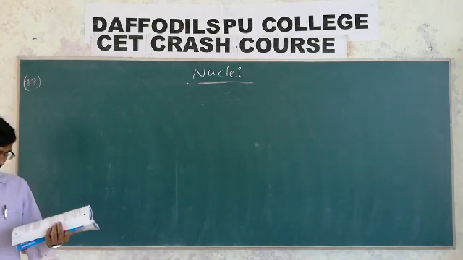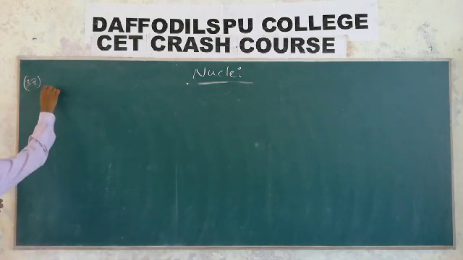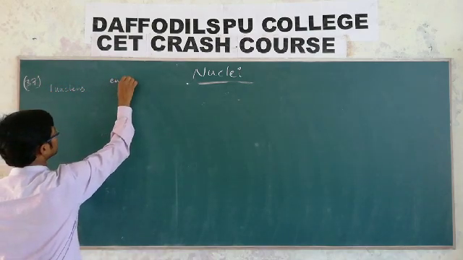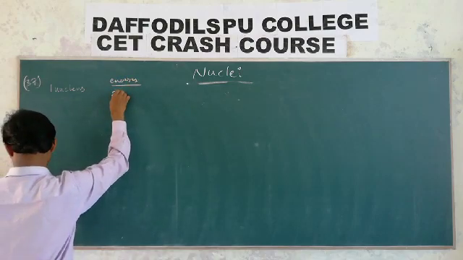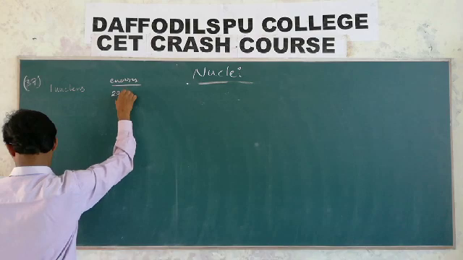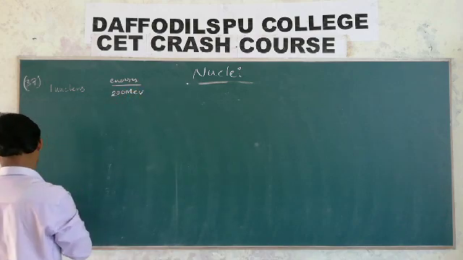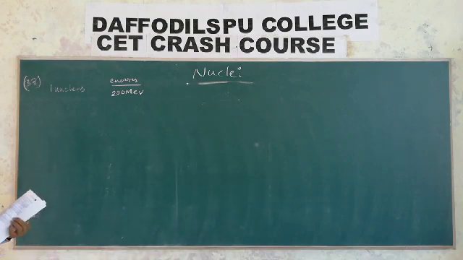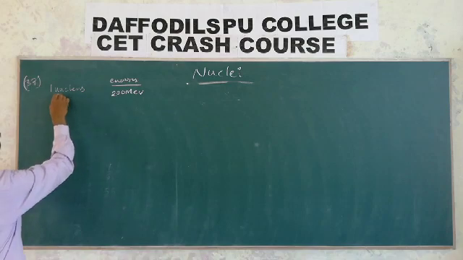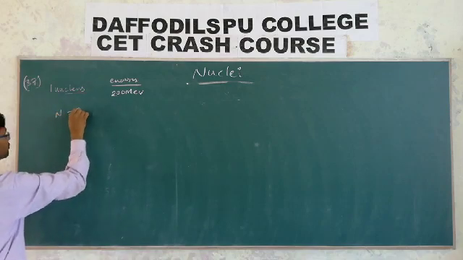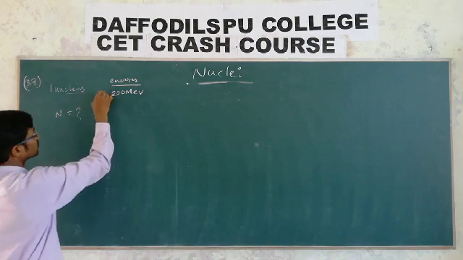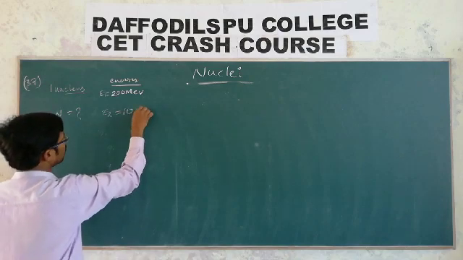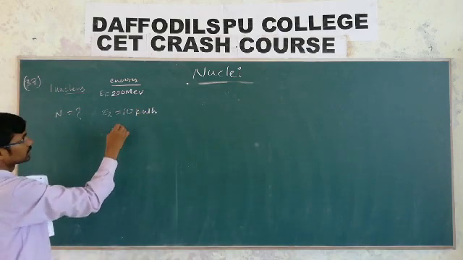That is the 7th one. If 200 MeV of energy is released in the fission of one nucleus, then for one nucleus, what is the energy released? Energy released is 200 MeV. Then the number of nuclei that undergo fission to produce energy of 10 kilowatt hour.